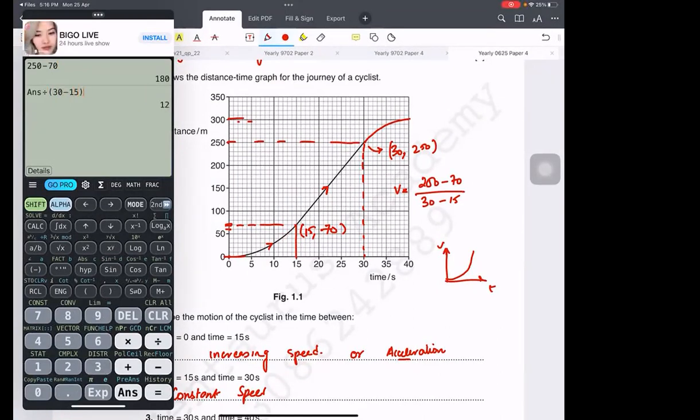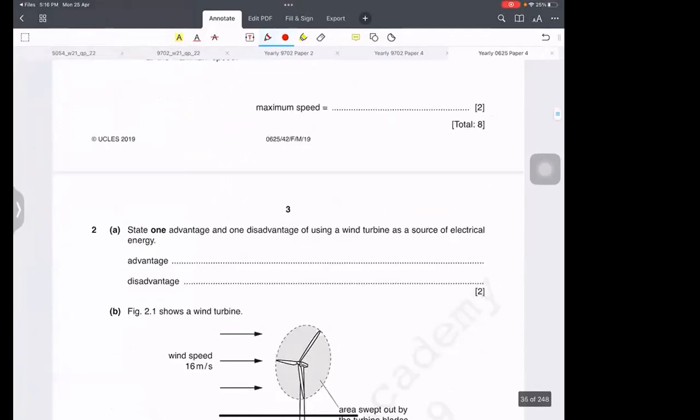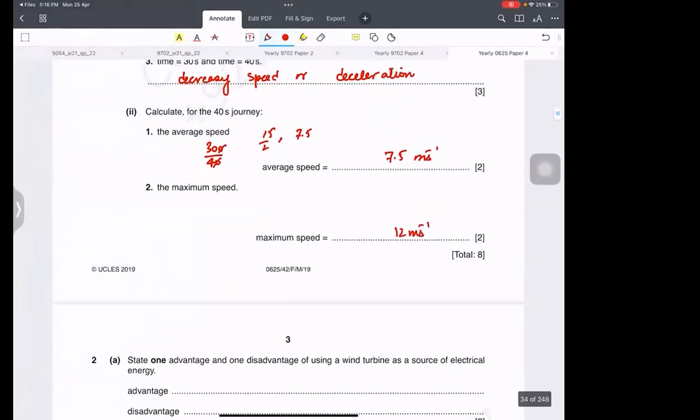And this gives me 12 meters per second. Okay, so I'm going to write 12 meters per second.